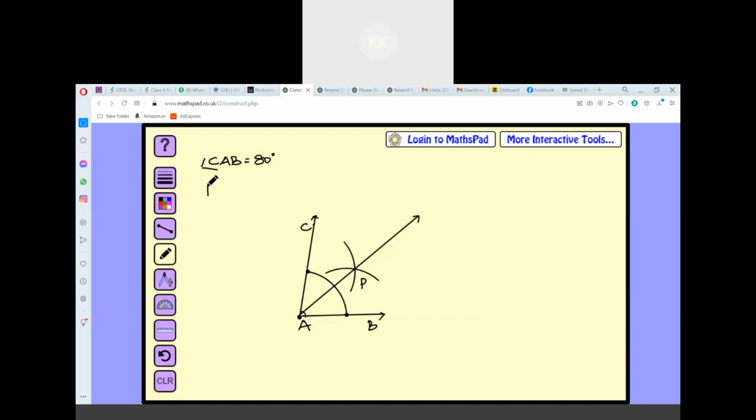Let me mention that ray AP bisects angle CAB. This means that angle PAB will be equal to angle PAC. कितना होगा measure? It will be half of 80 degree. 40 degrees. So 40 degree हो जाएगी.